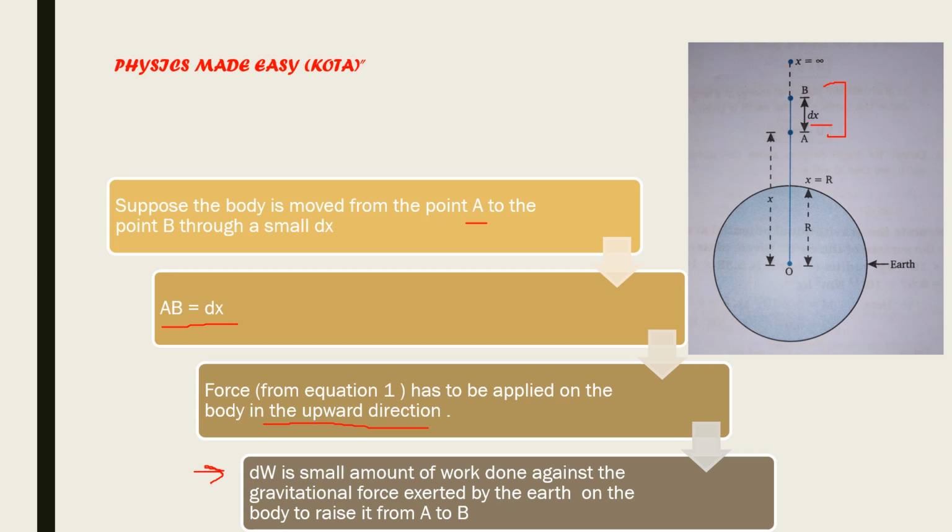This work done dW has to be done against the gravitational force, so that the body just escapes from the attractive force of the earth. So this work is done against the gravitational force by the earth on the body to raise it from point A to point B.